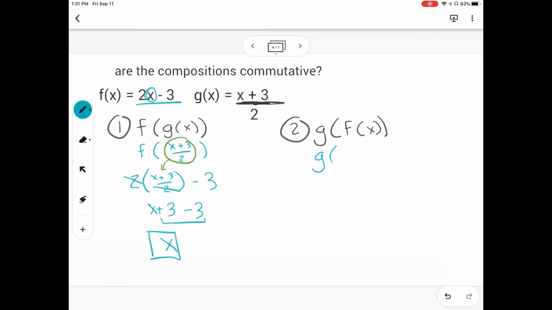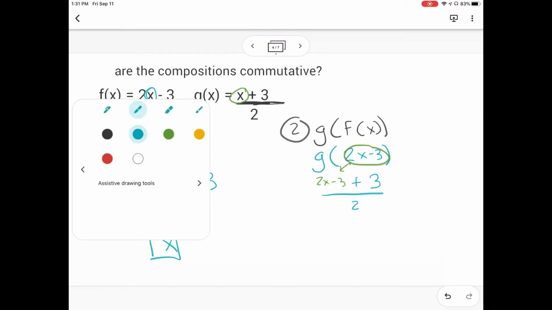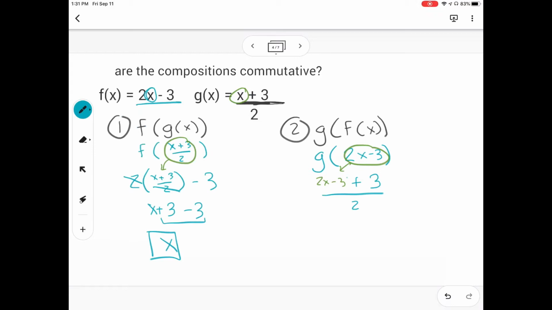So now we'll try the other direction. So now we'll do g of 2x minus 3. So in g, where that x is, so this x, we're going to put this where that x was. So instead of x plus 3, it's 2x minus 3 plus 3.